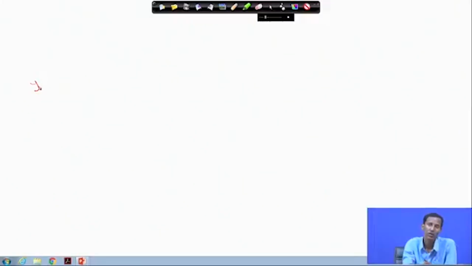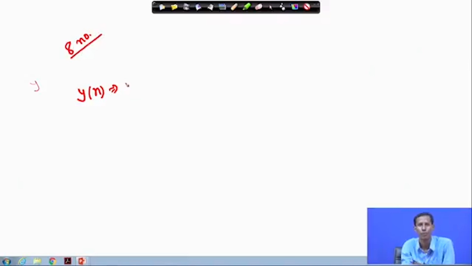Suppose y of n is the average of 8 numbers, and these 8 numbers are x7, x6, x5, x4, x3, x2, x1 and x0.